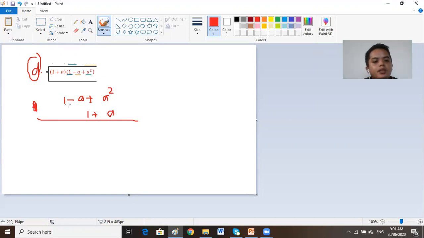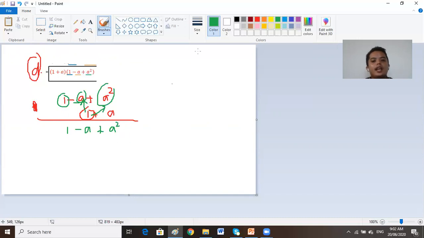So 1 times 1, again, is 1. You multiply this one to this one and to this one, including the sign. So 1 times 1 is 1. 1 times negative a is minus a. 1 times a squared is plus a squared.